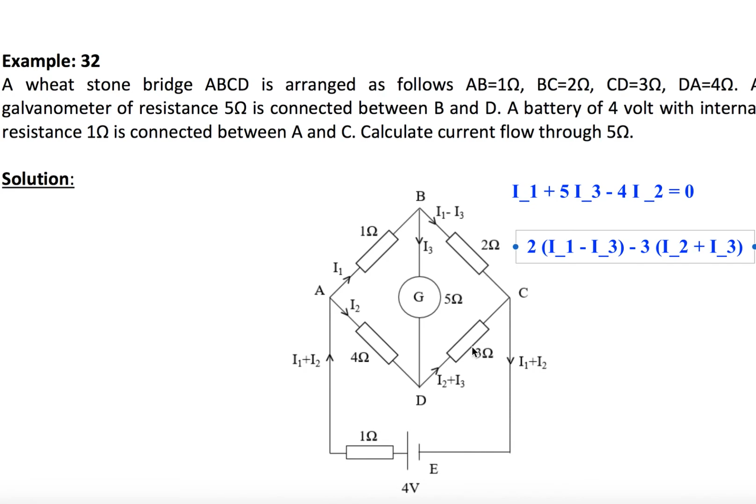Okay, they're not flowing in the same direction. That's why negative sign. Oh, again negative sign. Minus 5I3 minus 5I3 equal to 0.